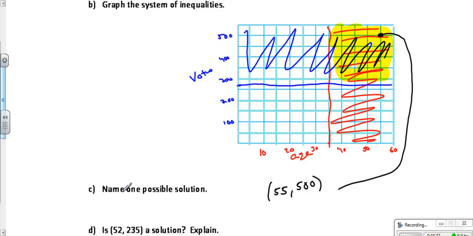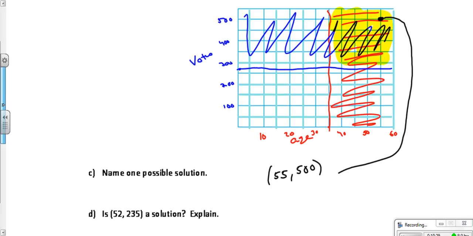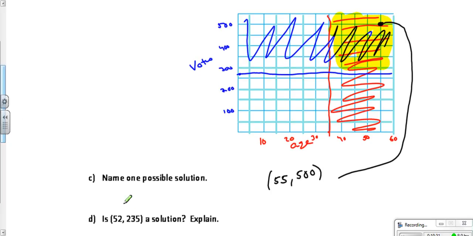That's a possible solution. Next question says, is this coordinate a solution? So let's find it. I'll put it in yellow. 52 would be right about here, and 235 would be about here.